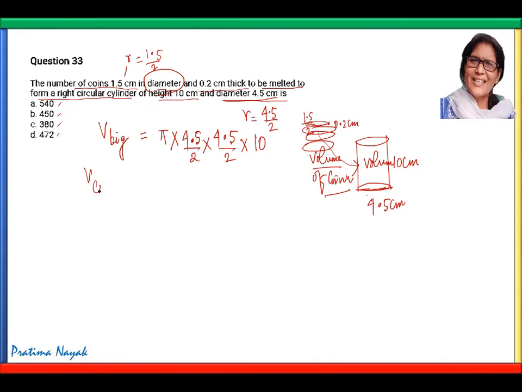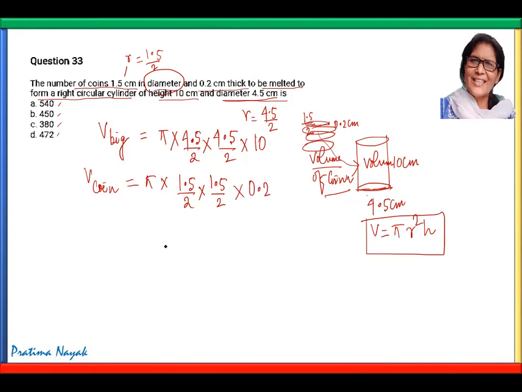Now the volume of each coin is pi, and radius is 1.5 by 2, multiplied two times. Why am I multiplying pi? Because the volume is pi into r square into h. That means r is multiplied 2 times. And h is 0.2 centimeter.